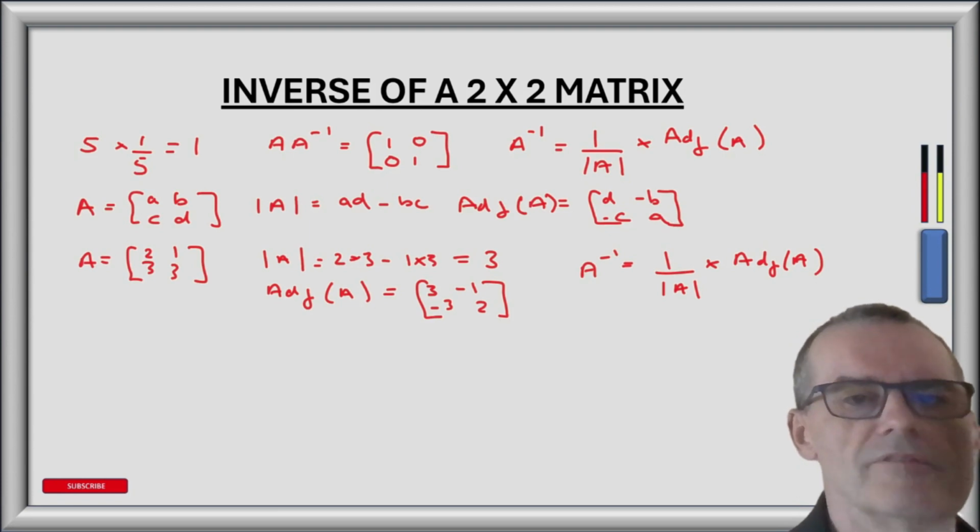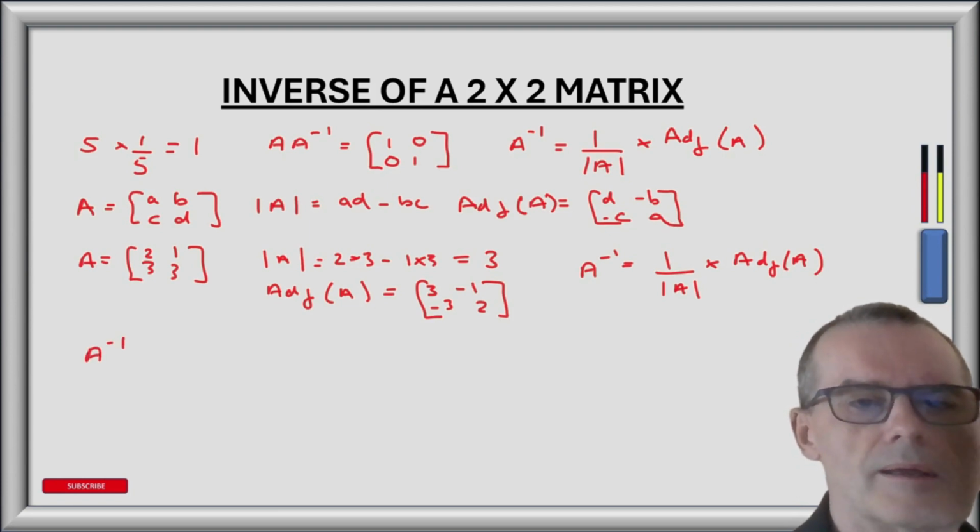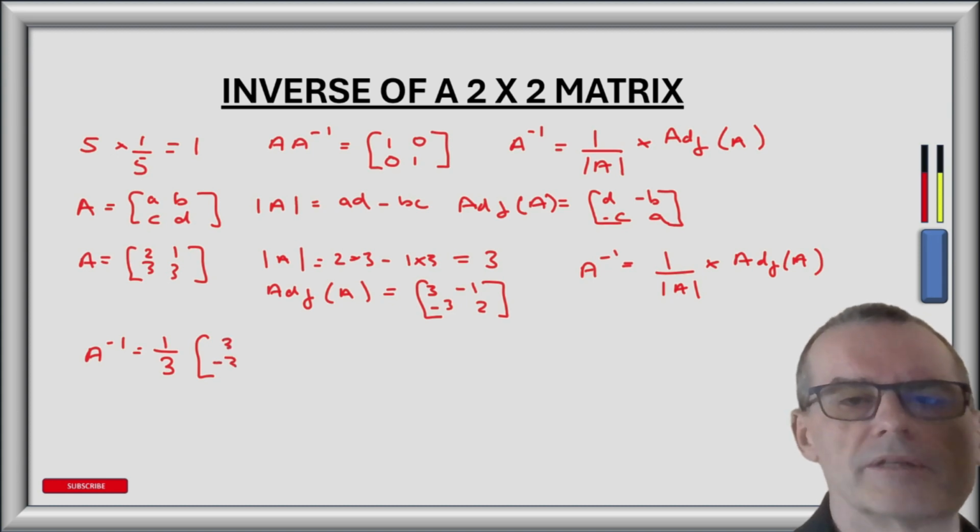So the inverse of A is equal to 1 divided by the determinant. The determinant is 3, so it's 1 divided by 3 multiplied by its adjoint, which is 3, minus 3, minus 1 and 2.